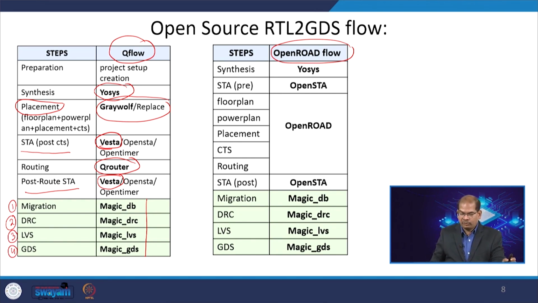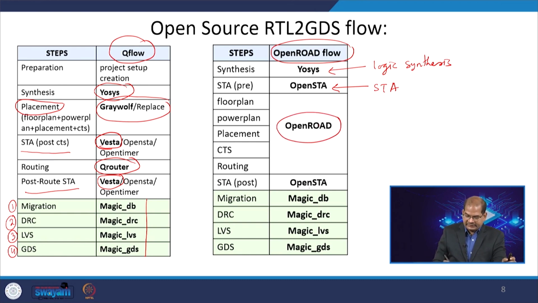In case of OpenROAD flow, logic synthesis is done by the synthesis tool, Yosys. Then it uses OpenSTA for doing static timing analysis, and this is the only tool which does all the steps. This is OpenROAD. Then again STA is done in OpenSTA.